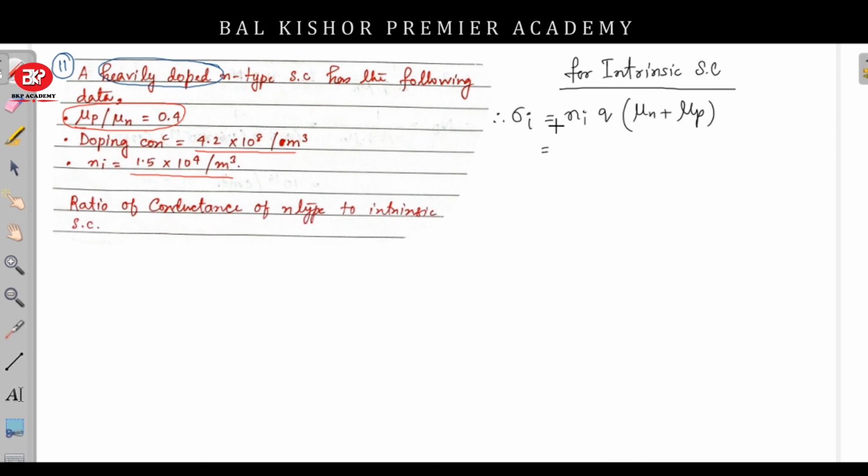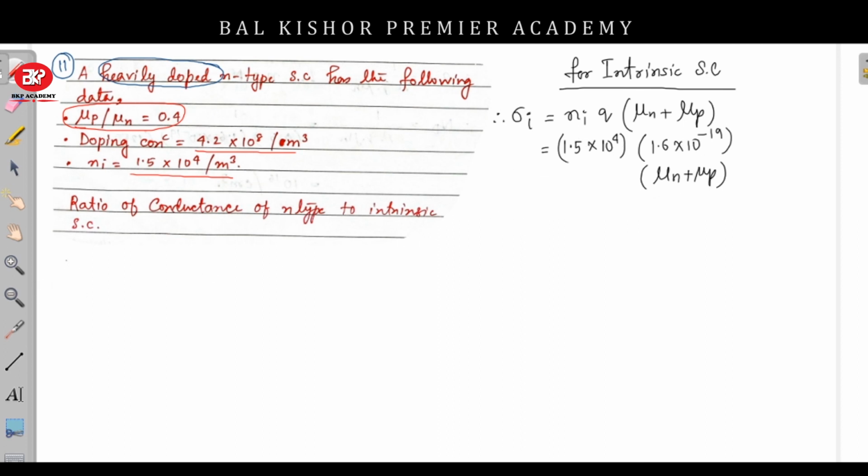So Ni का value तो given है 1.5 into 10 to the power 4 per meter cube. q value तो मुझे मालूम है 1.6 into 10 to the power -19, और mu n और mu p का value मालूम नहीं है, इसका ratio given है. So we do not know the value, so let it be mu n plus mu p. So sigma I मेरा निकल गया.